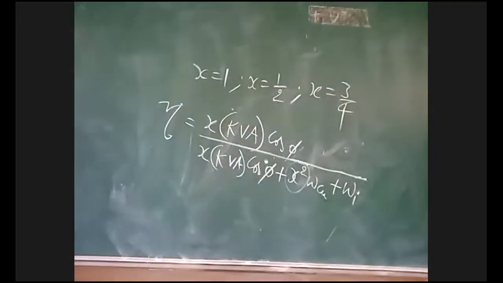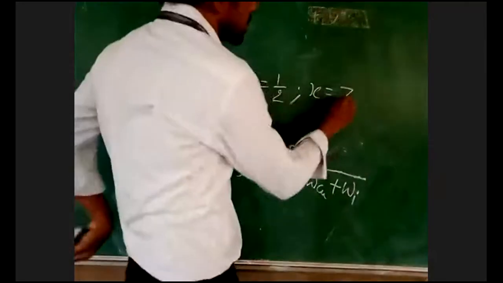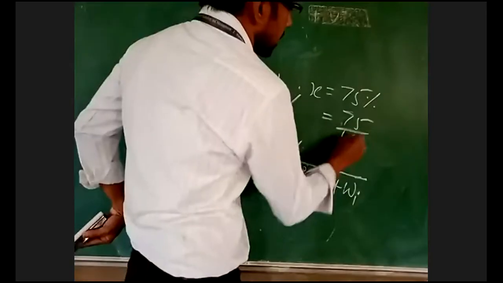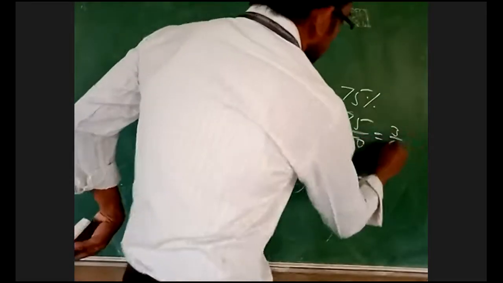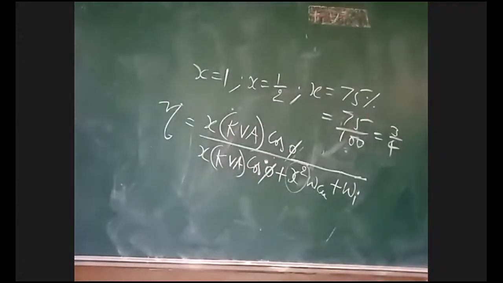If it is 75% load, 75 by 100, that is 3 by 4, you have to take X equal to 3 by 4. If it is 25% load, what is the value of X?